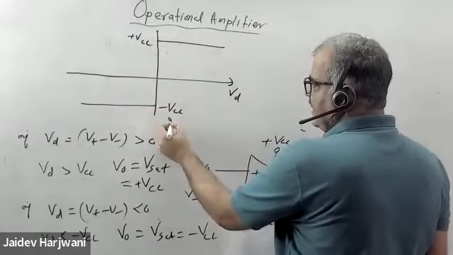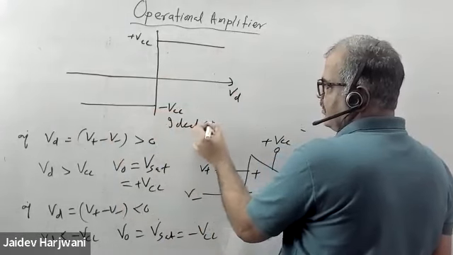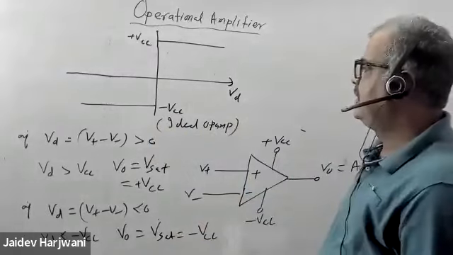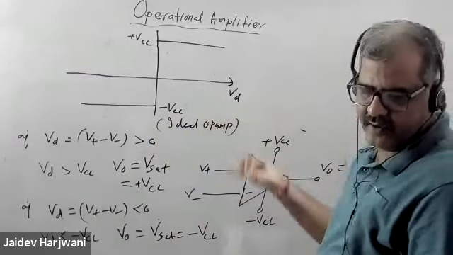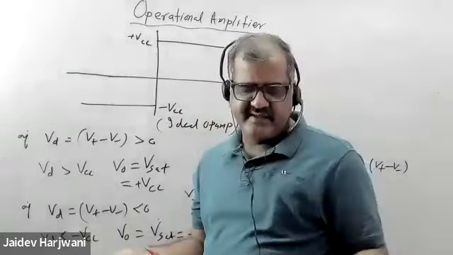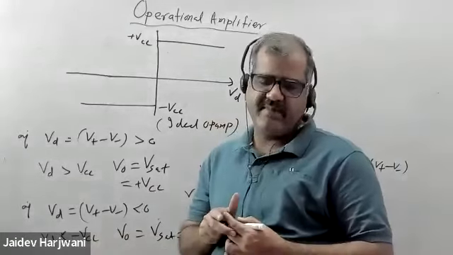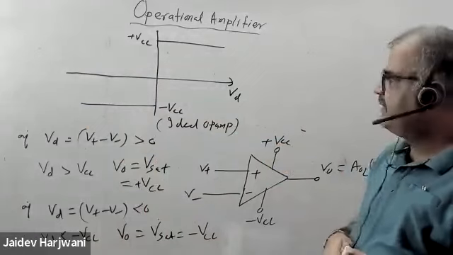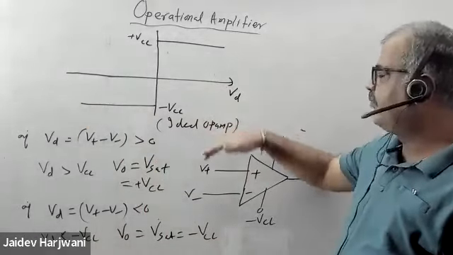This is for the ideal op-amp. But if this is true, then you will not be able to amplify any signal. The amplification will only be up to this biasing voltage. But this is the ideal op-amp.